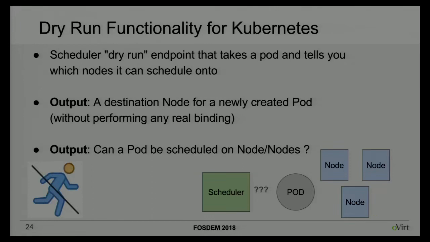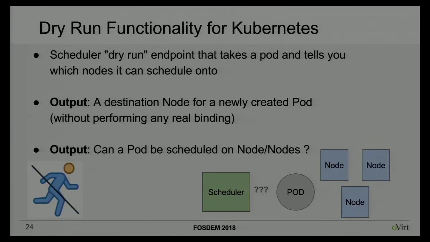So, for that matter, we want to have the ability of scheduling simulation. Scheduling simulation, or dry run functionality for that matter, doesn't exist yet in Kubernetes. It's an open issue. We are also working to contribute on that matter to have the ability for dry run scheduling.